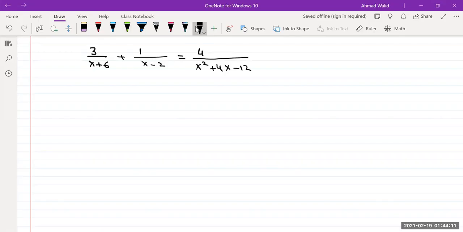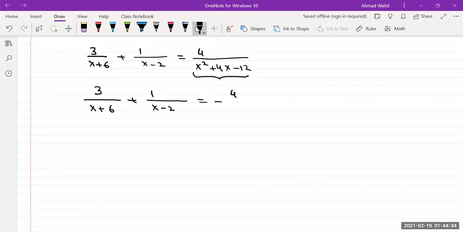If you see one of your denominators can be factored, factor first, please. Correct? You see here, maybe I can factor this. I will try. 3 over x plus 6 plus 1 over x minus 2 equals 4 over.